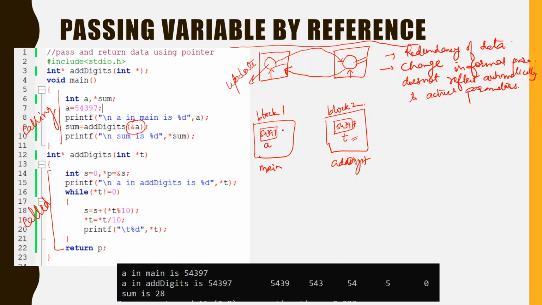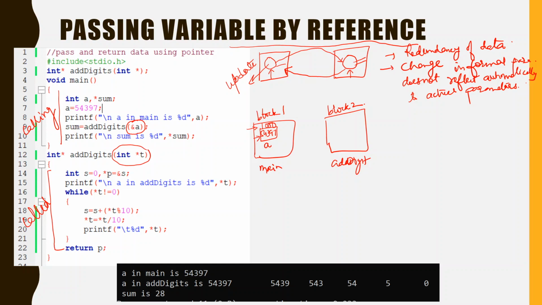But in the concept where the reference is passed, the reference is caught by a pointer, because it is an address. We have seen addresses. Suppose this has the address 1000. Instead of passing this particular value, the address of the variable is passed to the called function.